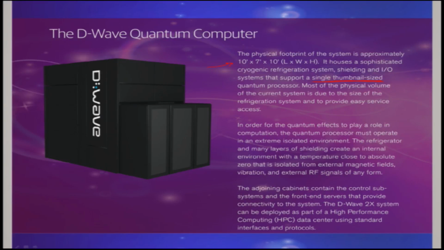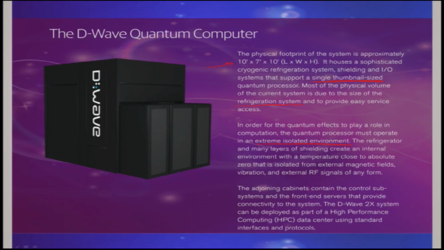Most of the physical volume of the current system is due to the size of the refrigeration system and to provide easy service access. In order for quantum effects to play a role in computation, the quantum processor must operate in an extremely isolated environment. That is one of the issues that is always a point in quantum computing.